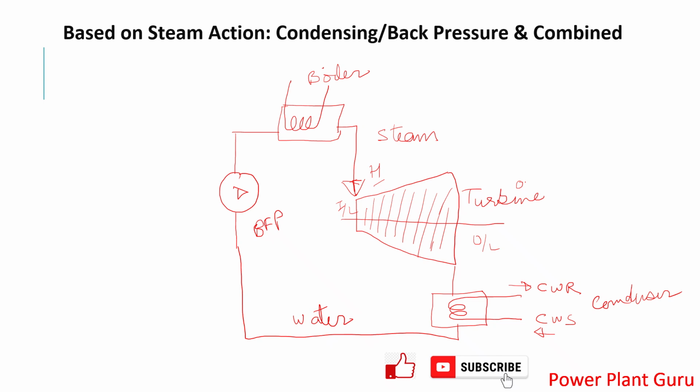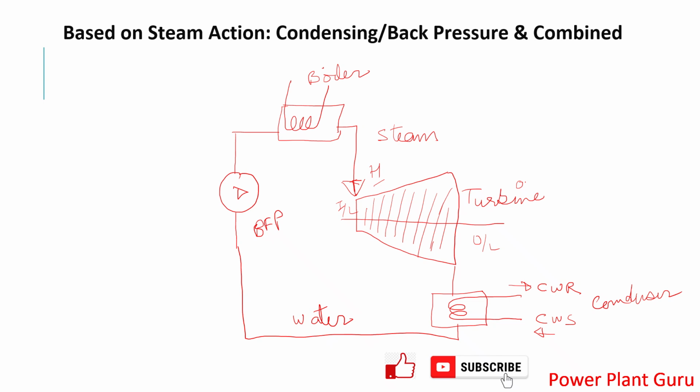Then you have a high pressure, high temperature fluid where you want to utilize all its energy. As its pressure and temperature go down, you reduce it to lower pressure and lower temperature, and then you put it into the condenser. So this is how a condensing type steam turbine works.